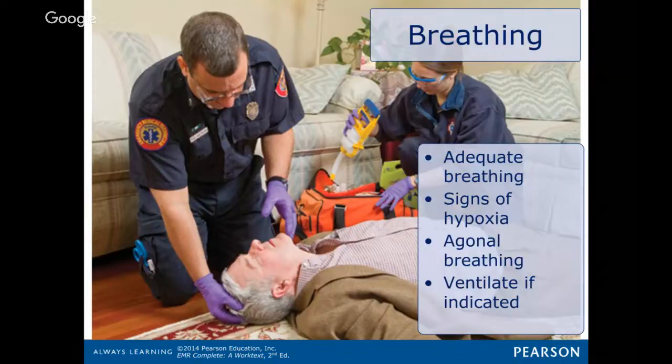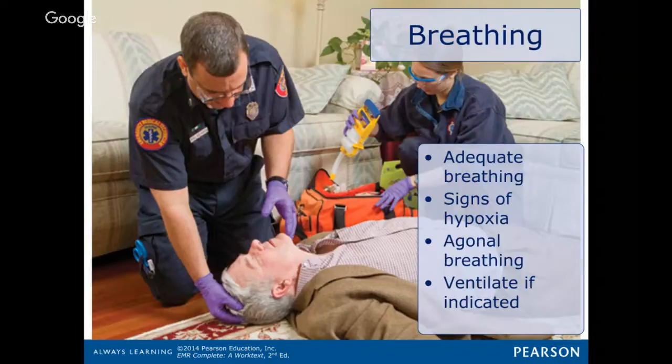That's low or infrequent. Very infrequent, right? We called it guppy breathing in one of the previous classes. And then ventilate if indicated. So basically, everything below adequate breathing, if they have signs of hypoxia, there was a chart in there on how you begin. You start with mild difficulty breathing or mild hypoxia.